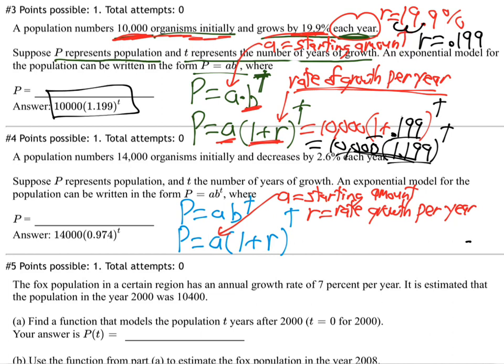So what do we have here? We have the A coming first. That's the 14,000 organisms initially times 1 plus R.